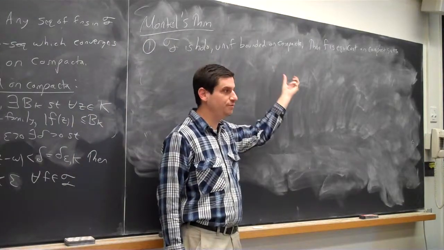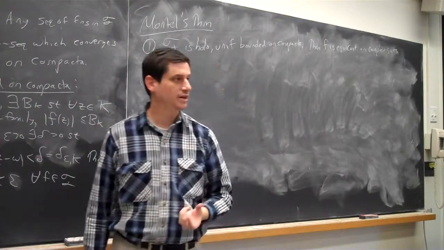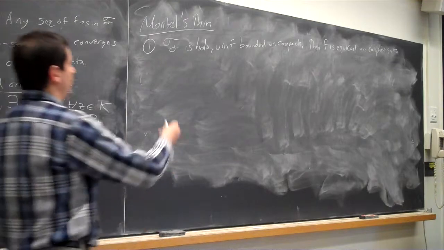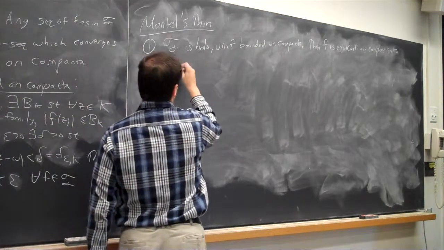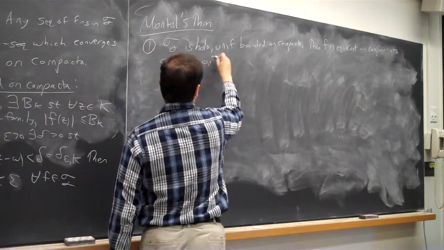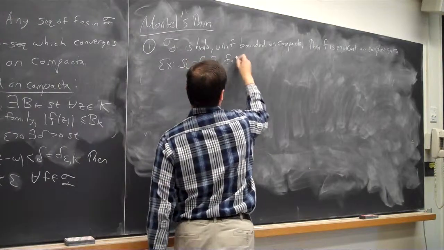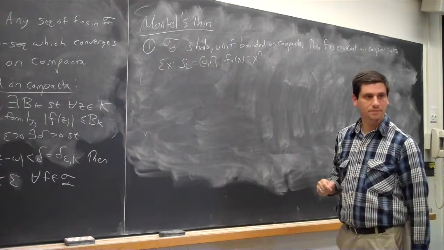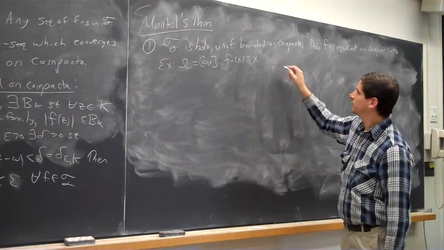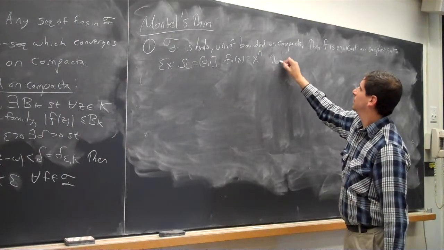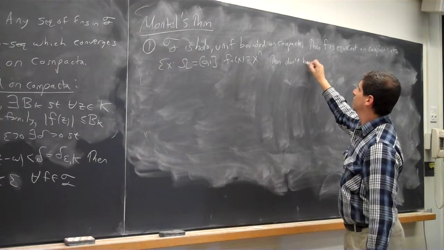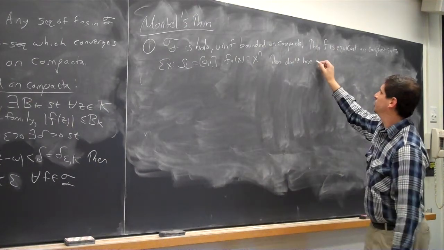This part of the proof is crucially a complex analytic proof. It's not the case for real functions. So for example, let omega be (0,1), and f_n(x) is x^n. Then we don't have equicontinuity.